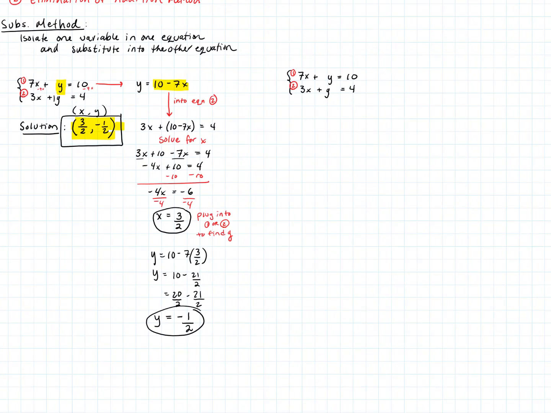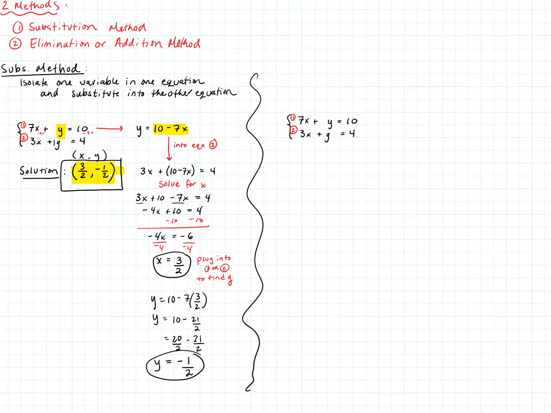Now, I have another method called the elimination or addition method. Depends on what book you're looking at or what instructor is talking about it. I always reference it as both, either the elimination or the addition method. And that has to do with the process because we're actually going to eliminate a variable by using addition of equations.